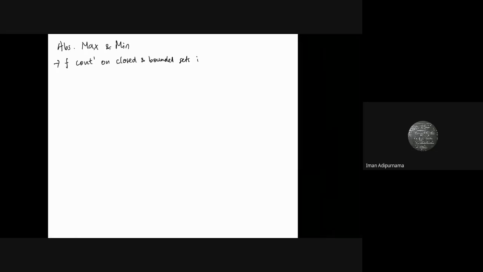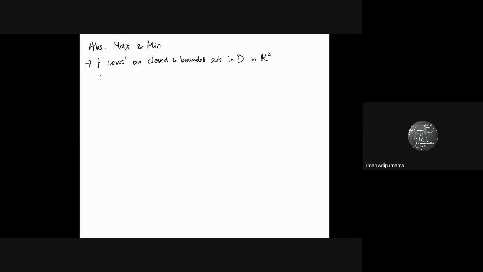So if f is continuous on closed and bounded sets in the domain in the real numbers, f will attain an absolute maximum value and an absolute minimum value.